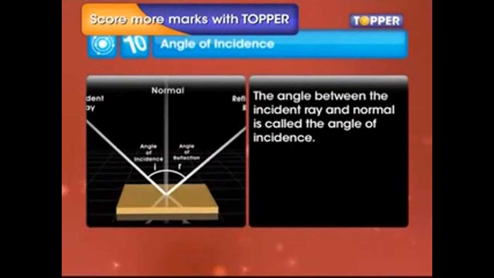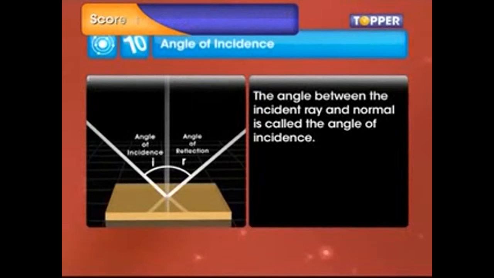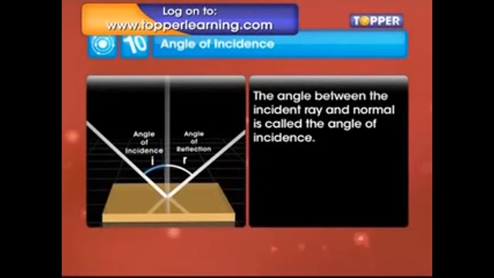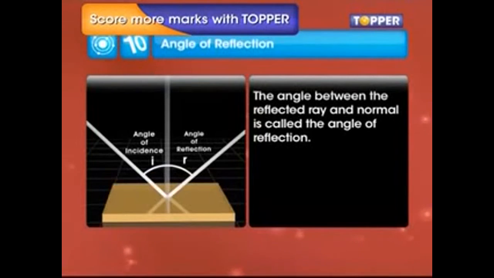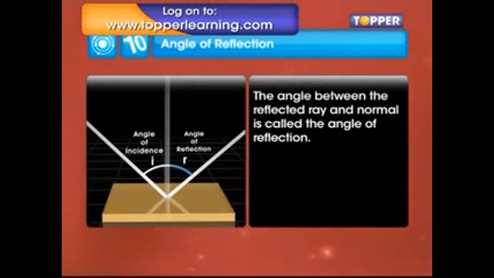The angle between the incident ray and the normal is called the angle of incidence, and the angle between the reflected ray and the normal is called the angle of reflection.